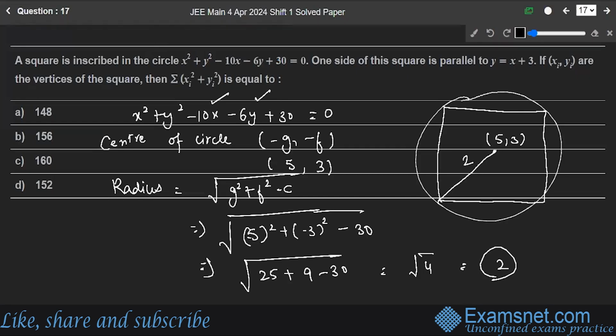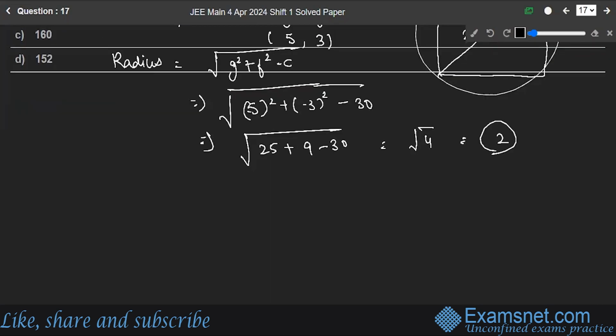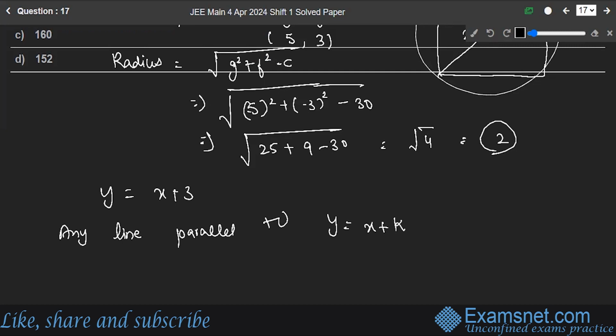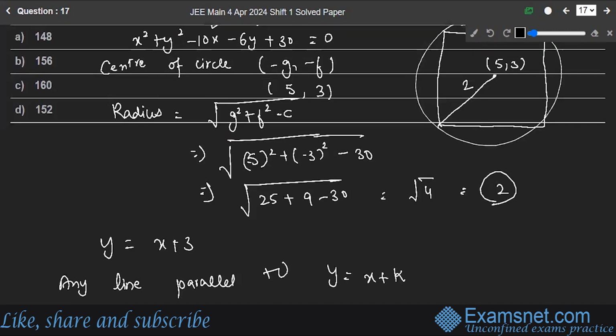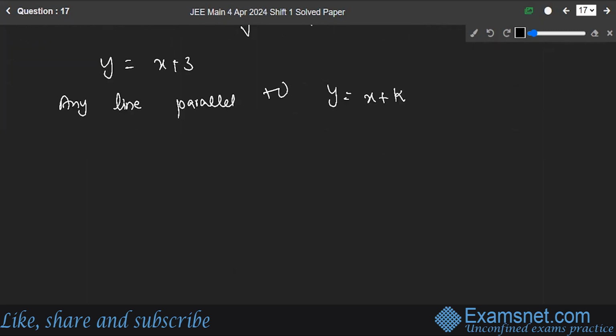Further, you are given one side of the square is parallel to this line. The equation of the line is this. So any line parallel to this line is given by y is equal to x plus k. Now the distance of this point 5 comma 3, that is your center, to the line y is equal to x plus k.